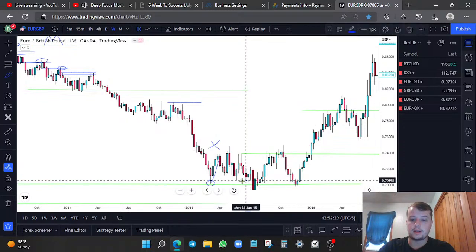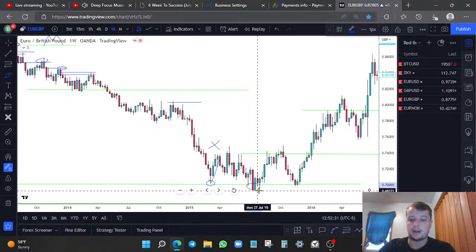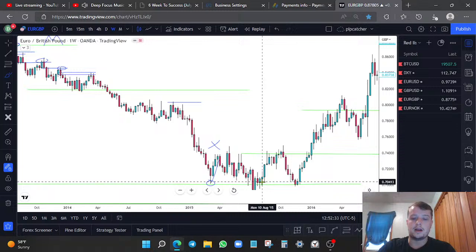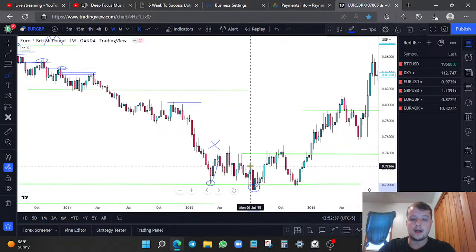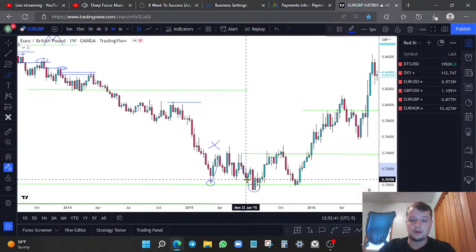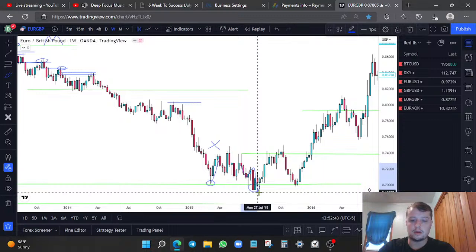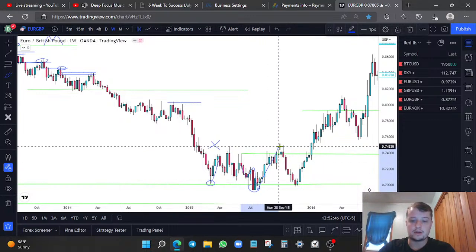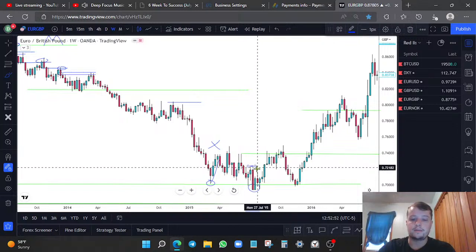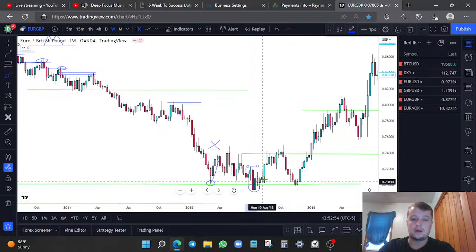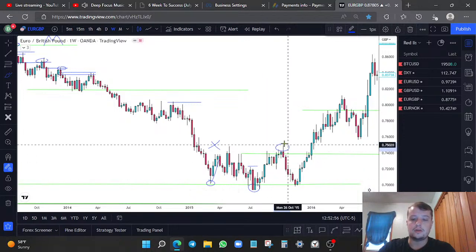Price dips back down again, and again. And what happens? From this low, where's the last high at? Right here. See? Lower low, lower high, lower low, and then break structure, higher high. So here's the last high in that area, okay? And what happens? We get a new higher high.